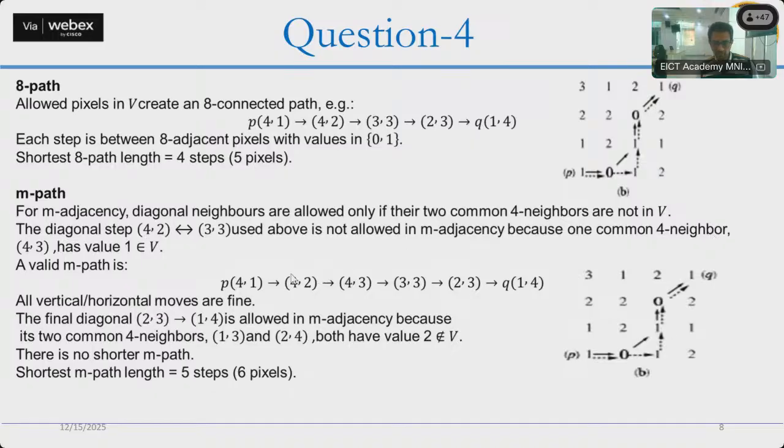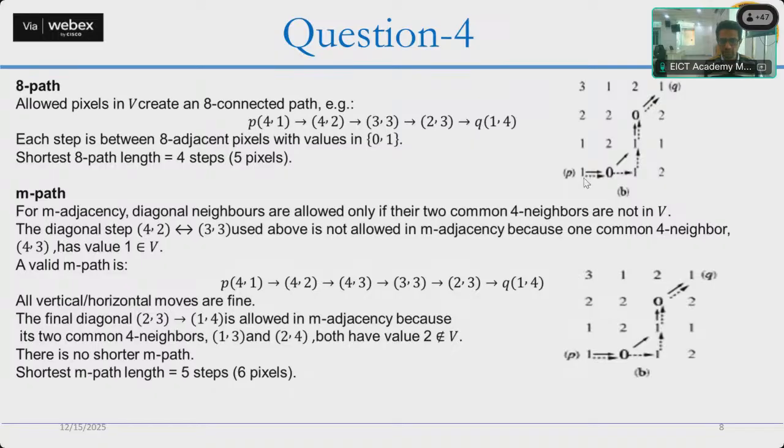See, what is this coordinate? The coordinates are 1, 2, 3, and 1, 2, 3. The first value indicates which row, and the second value indicates which column. So this indicates the path. What is this saying? P41.